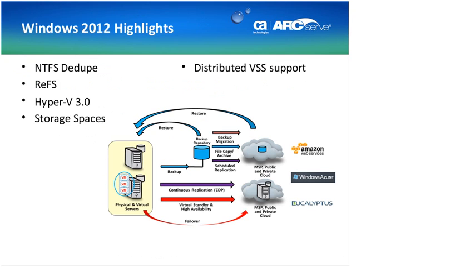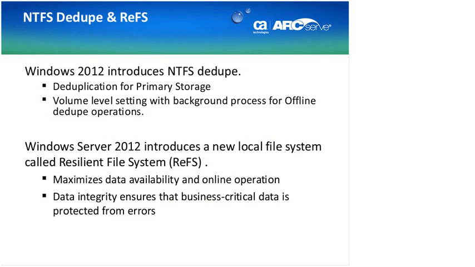So this is our highlight. All the features I've mentioned just now are fully supported in CA Access R16.5. You can do backup, replication, and high availability with a Windows 2012 or Windows 8 server.